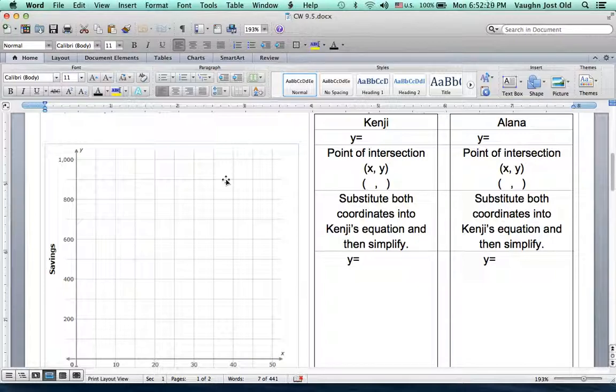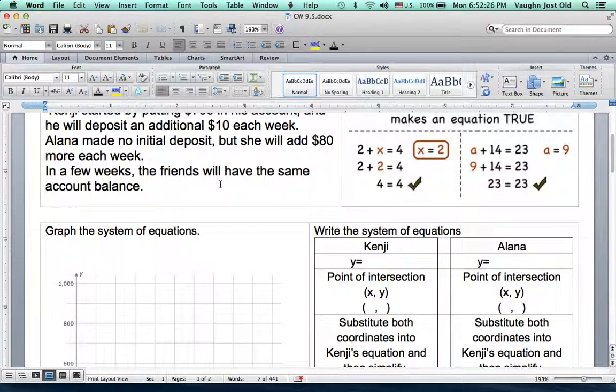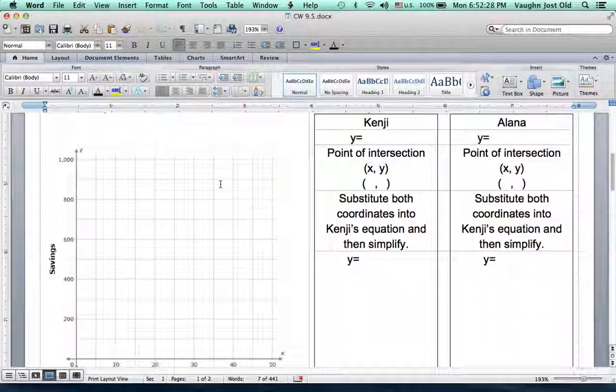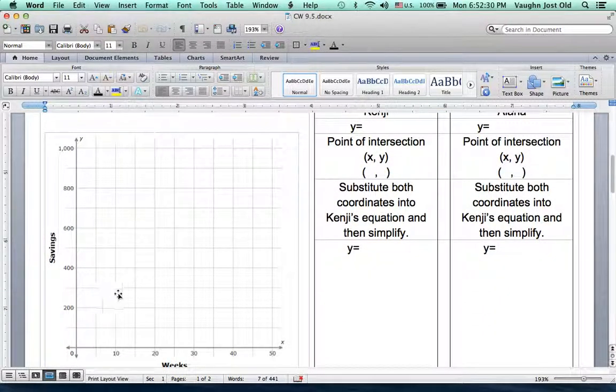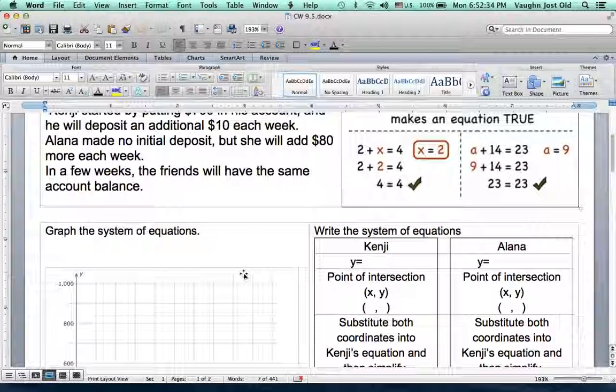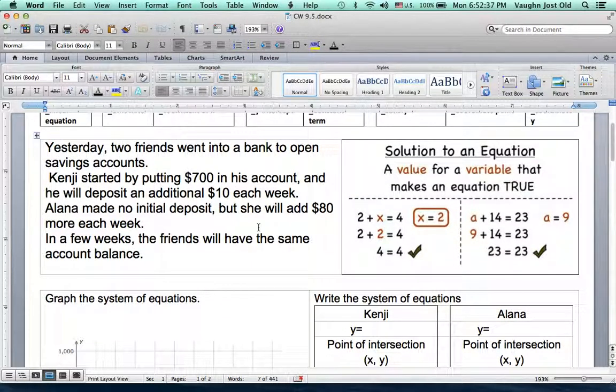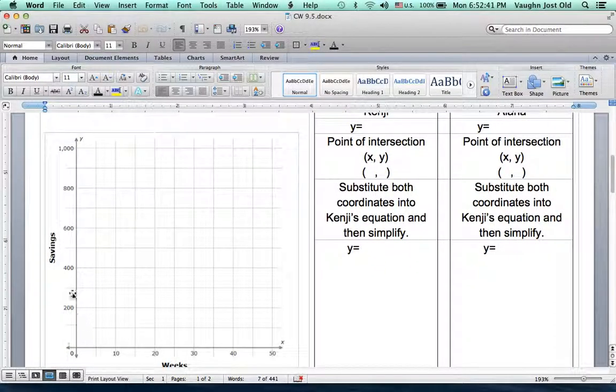I think maybe since the graph here is first in order, let's go ahead and graph. So we're going to have both Kenji's account and Elena's account represented by two different lines on this graph. So what we want to be thinking about is what's the initial amount, what's our starting point, right? Because our dollars are over here and our weeks are over here.